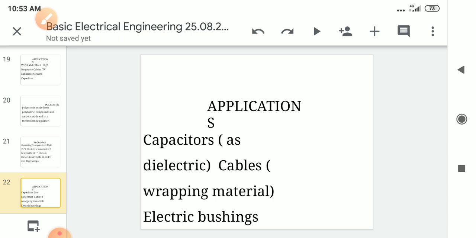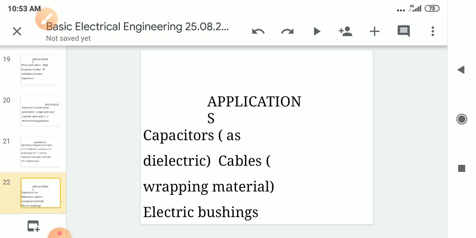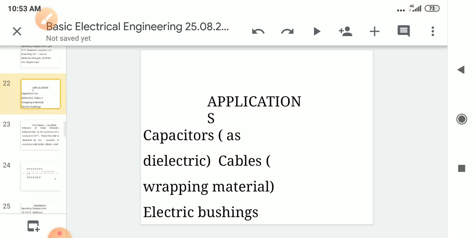After that it is used as electric bushings. These are the applications used in our electrical engineering. So polyester is used as dielectric material in capacitors and wrapping material in cables, and somewhere it is used as bushings also.